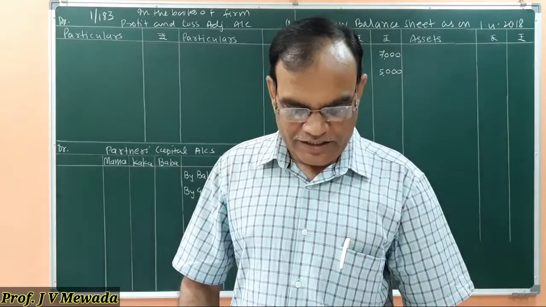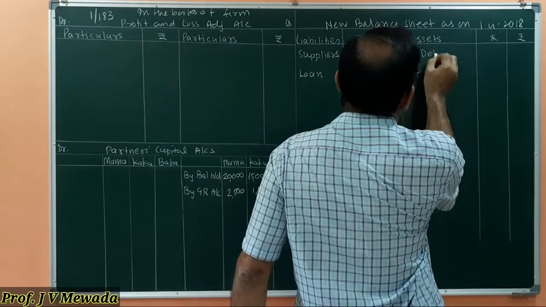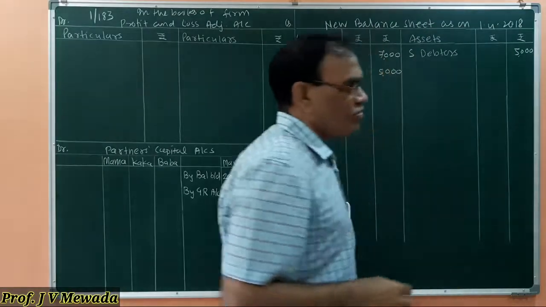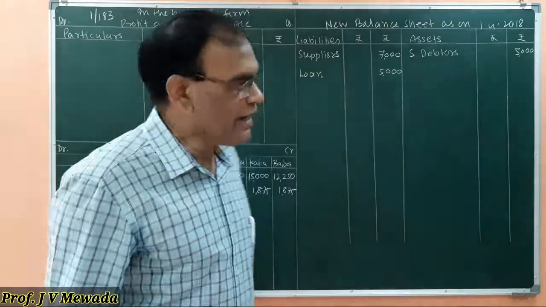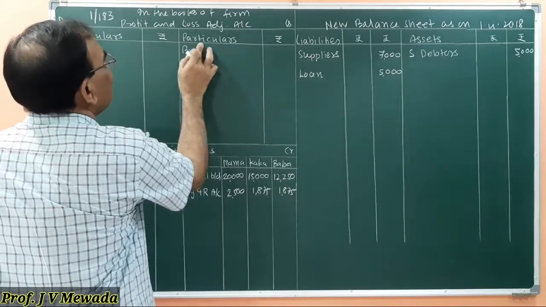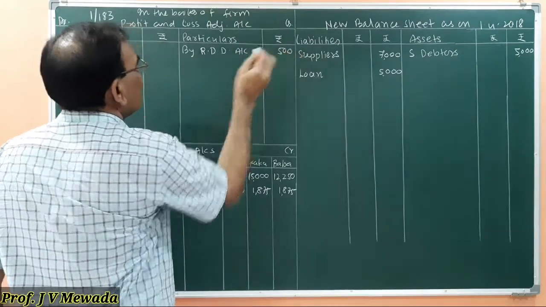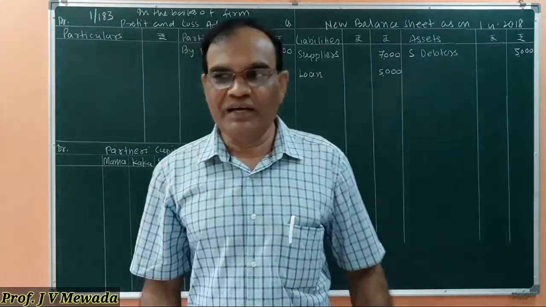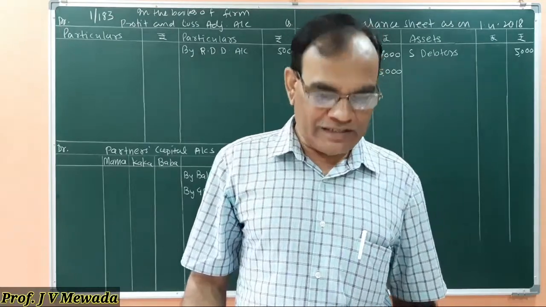So we will write the sundry debtors 5,000 on the asset side, outer column, and 500 we are going to write in the profit and loss adjustment account on credit side by RDD account 500. Why we are writing on the credit side? Because now RDD is no longer required, and that is why that 500 is a profit for us, and that is why we are showing on the credit side.